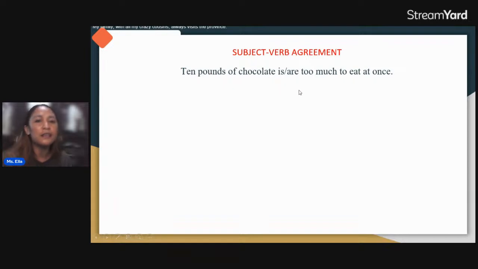We have here: 10 pounds of chocolate is or are too much to eat at once. Again, 10 pounds of chocolate is or are too much to eat at once. What's the correct answer here?